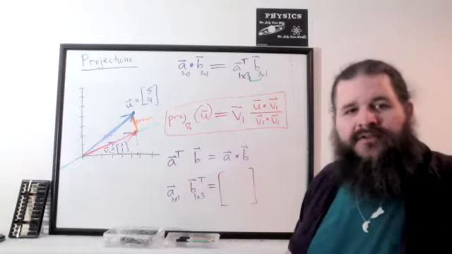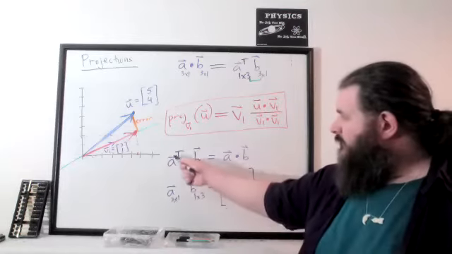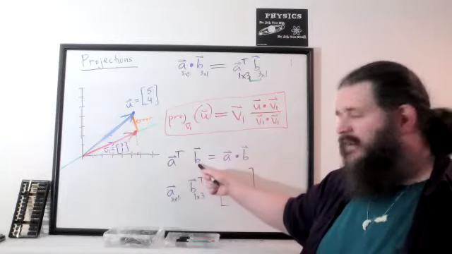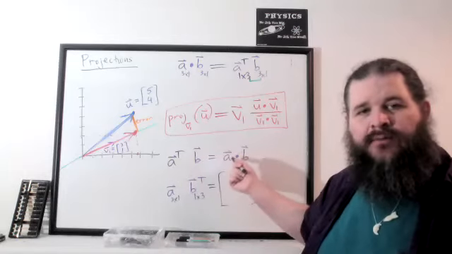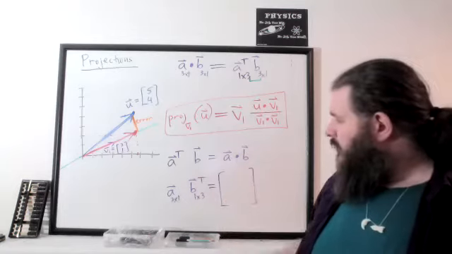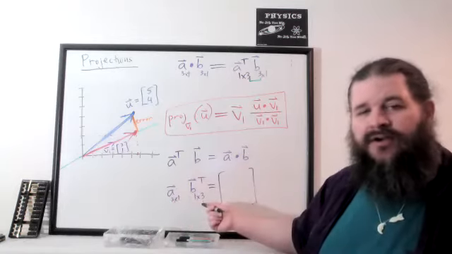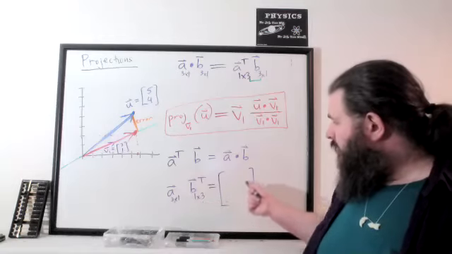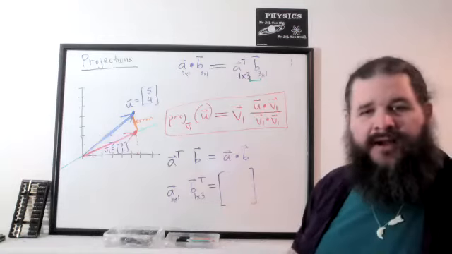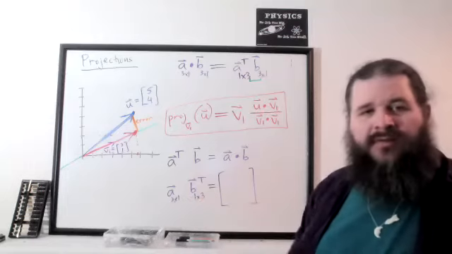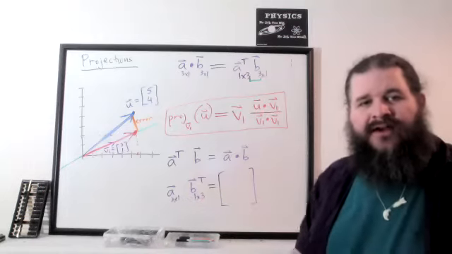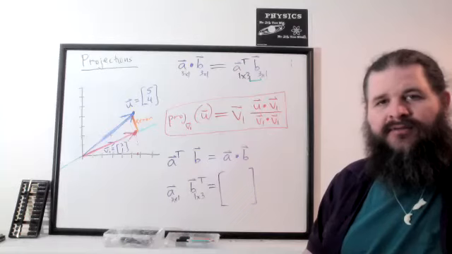So there's two different ways of doing this. If you take the transpose of the first vector times the second vector, the result is just a single number, which is the dot product. If instead you take the first vector as is times the transpose of the second vector, instead of getting a single number, you get a square matrix, n by n. In this case, 3 by 3, but whatever size the vectors are in terms of number of components.